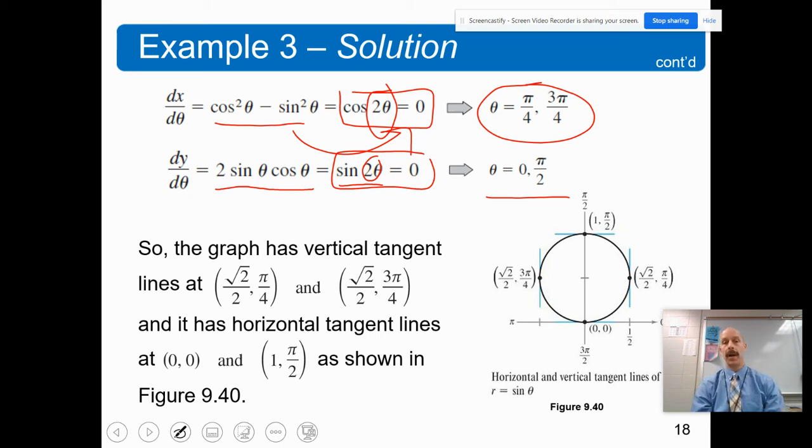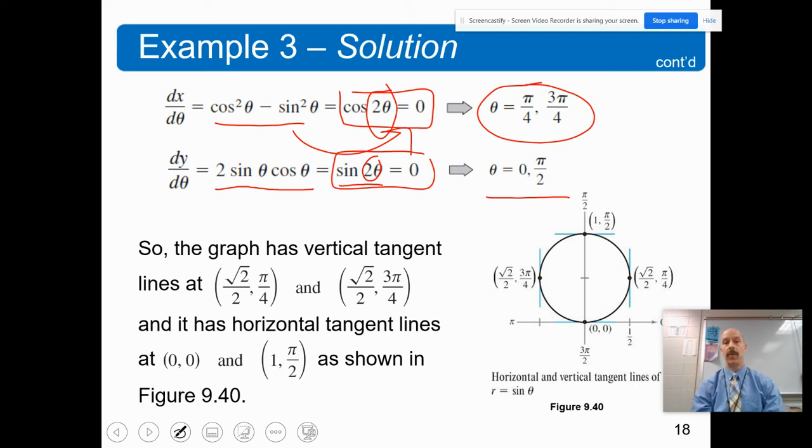Now keep in mind, the derivative with respect to x being set equal to 0, that's what's going to yield our vertical tangent lines. And then our derivative dy d theta, so we're doing our derivative with respect to theta again, but this time in the y variable.